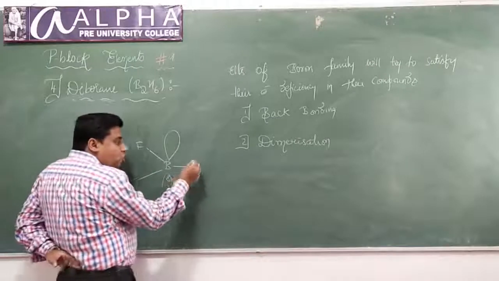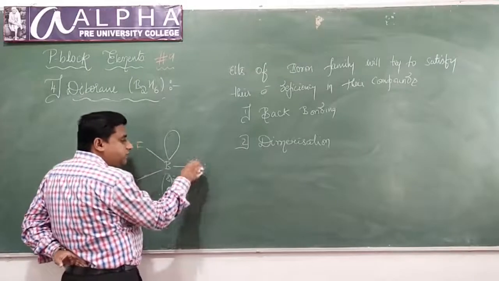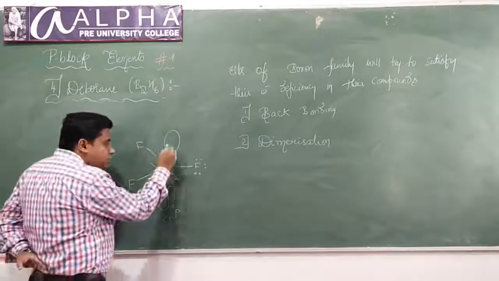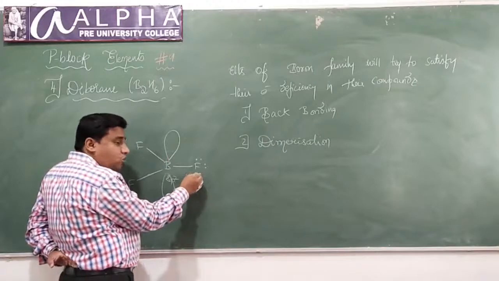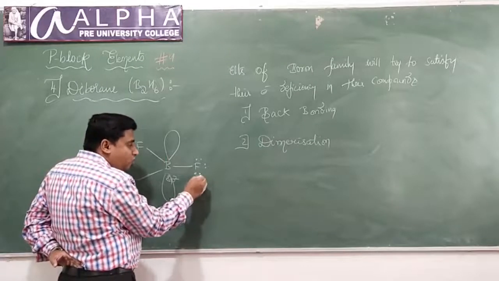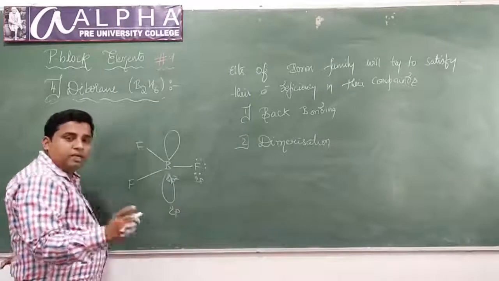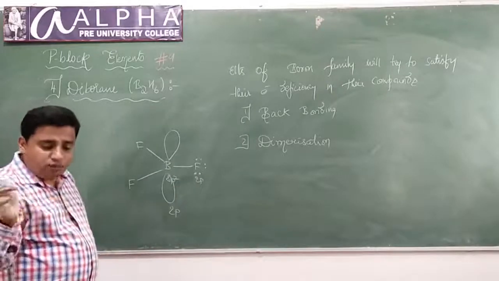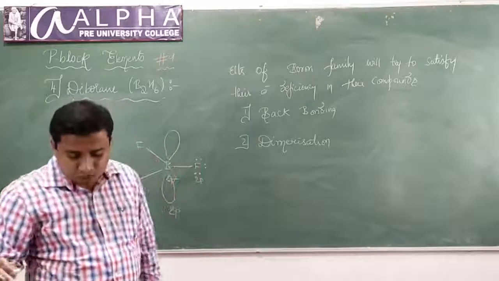Now there are lone pairs of electrons in the 2p orbitals of fluorine. This is the vacant 2p orbital. We know 2p orbitals have the same energy. If the orbitals have the same energy, then the extent of overlapping will be very high.